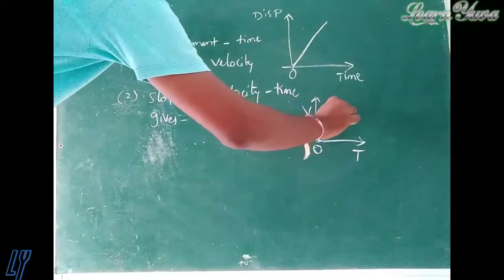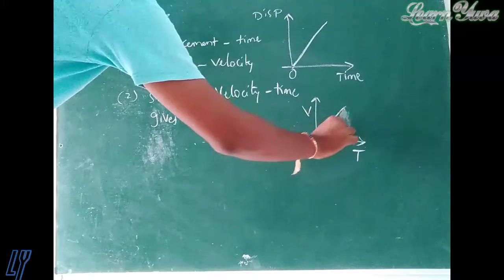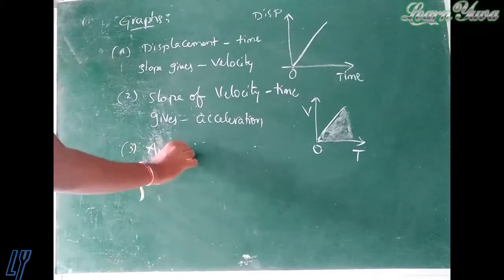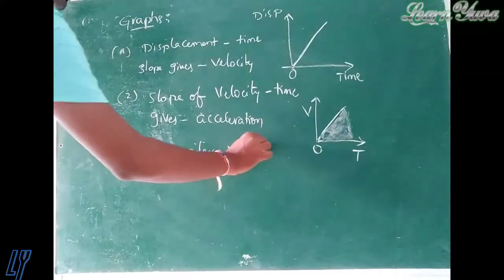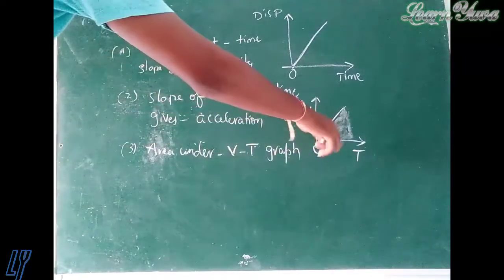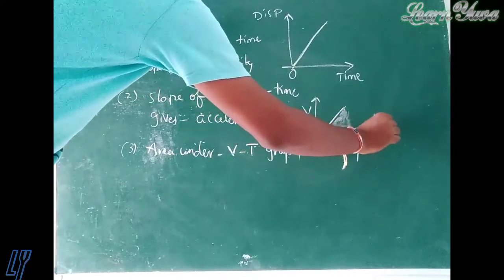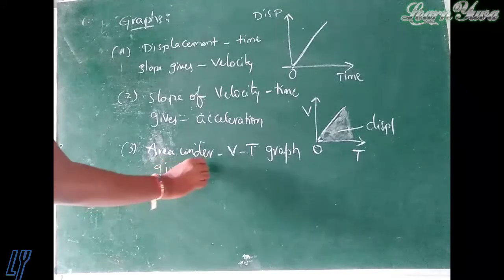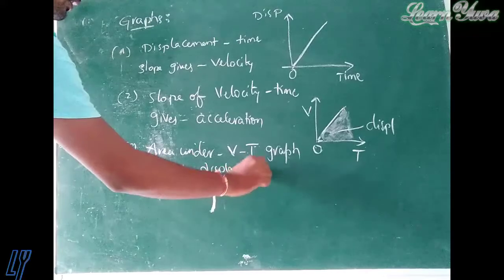And this area under the velocity-time graph gives what we call displacement.